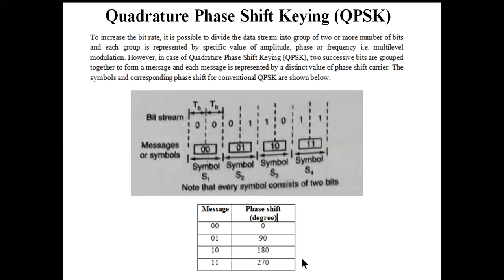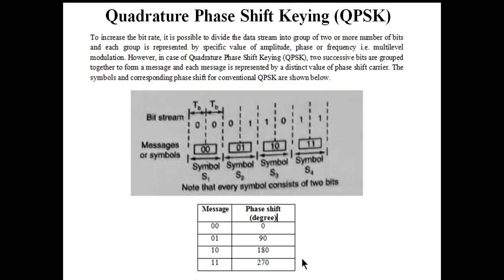Now coming to the introduction to the quadrature phase shift keying, QPSK, digital modulation. In case of ASK, BPSK or BFSK, we have used only one bit as one symbol.